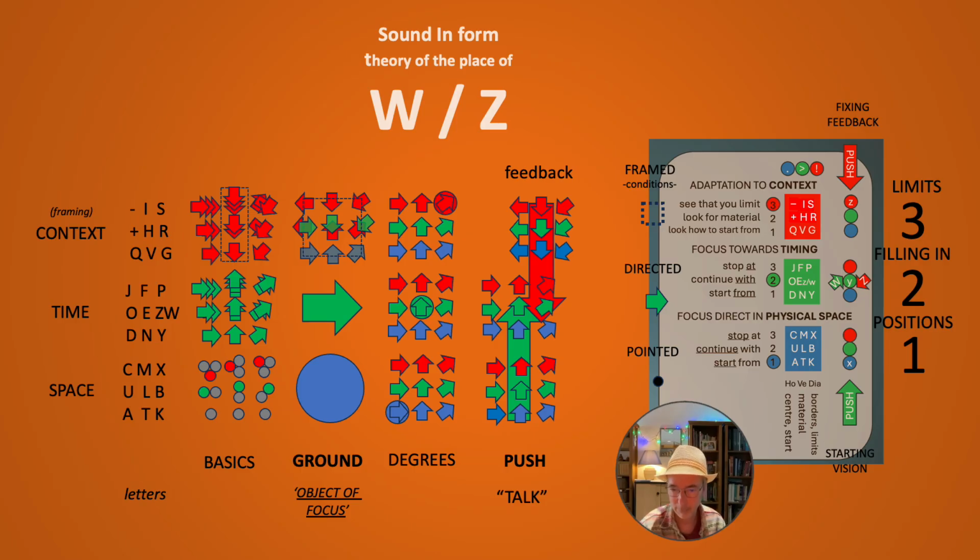So we say something, we formulate it, and we receive feedback. So there are always 2 opposite directions that try to find a balance. This is the green arrow up, that is my starting vision, and as a feedback the arrow down. All these letters are in balance between these 2 options.